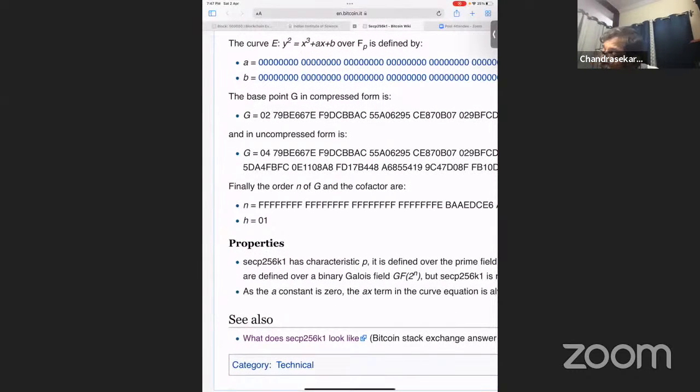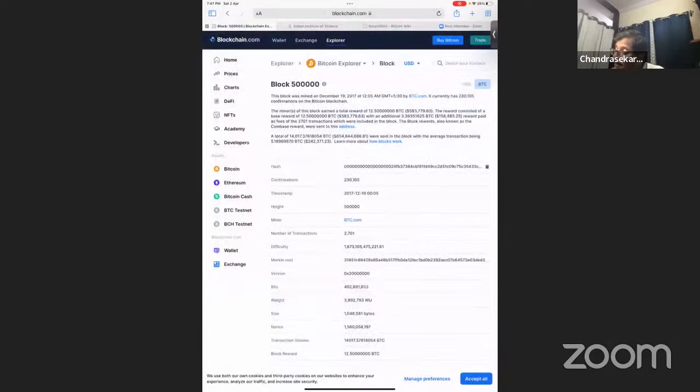Okay. So I have shown block 5 lakh. Right now, there are about 7,30,000 blocks in the blockchain. I am showing you the picture of block 5 lakh. Okay.